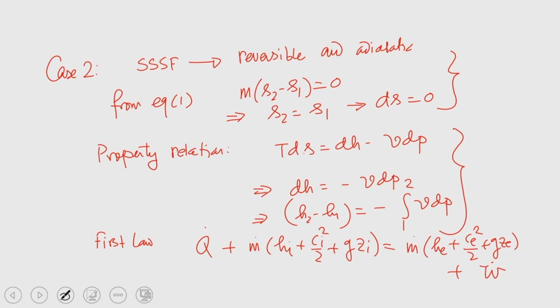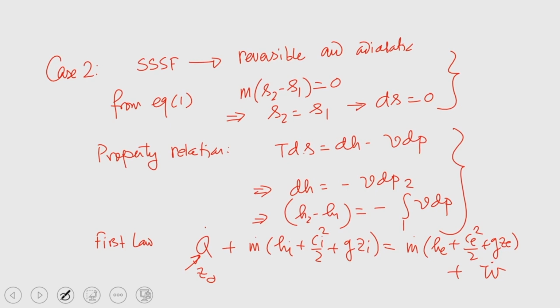This is the rate equation. Now, Q dot is 0 because this is a reversible adiabatic process, so there is no heat interaction between system and surroundings. For the reversible adiabatic process, dS equals 0, isentropic; adiabatic, Q dot equals 0. With single entry and single exit, we can write m dot e equal to m dot i equal to m dot.